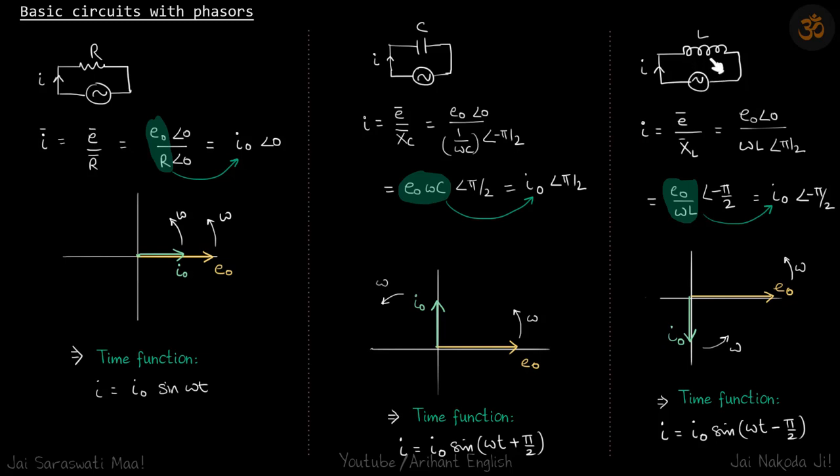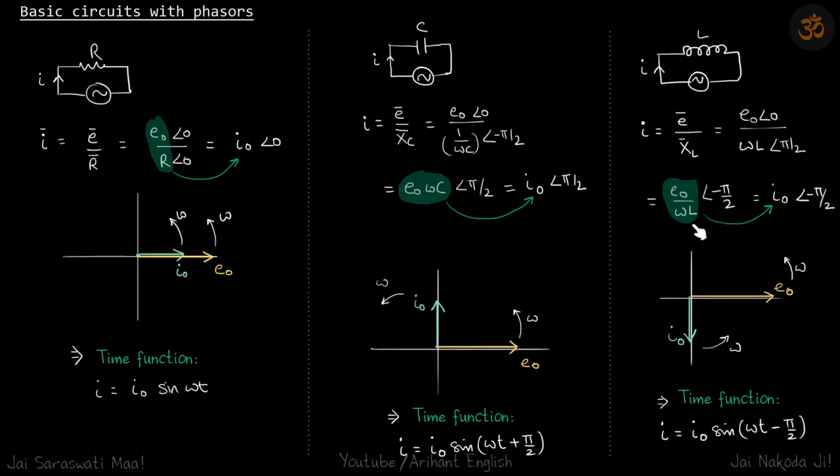Now third, the circuit with the inductor attached. So I is E by XL. So E naught angle 0 by omega L angle pi by 2. Pi by 2 goes up, it becomes E naught by omega L angle minus pi by 2.